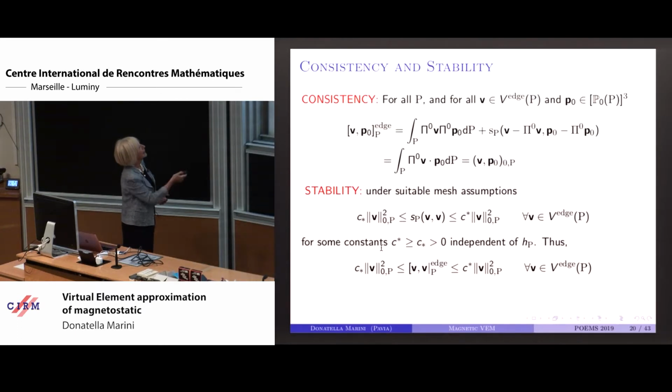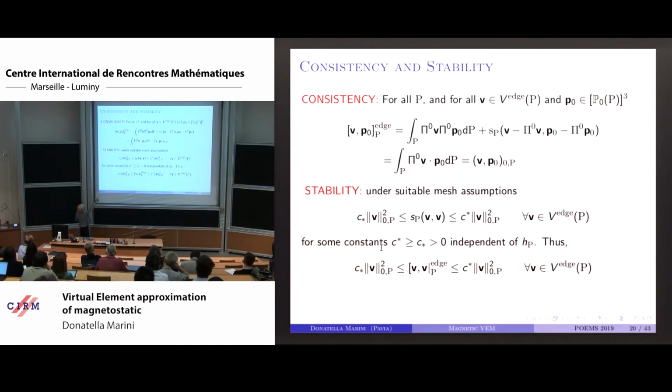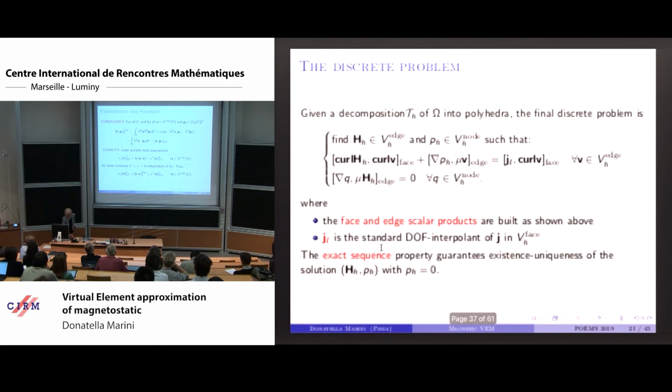And then stability, under suitable mesh assumptions that I will give you in a second, this stability form scales like the L2 scalar product, so our edge scalar product is equivalent to the L2 scalar product.